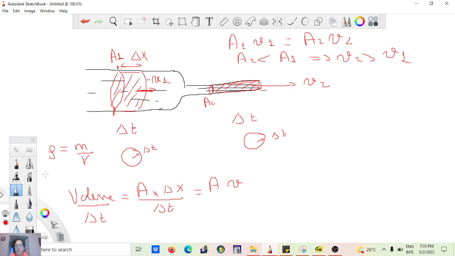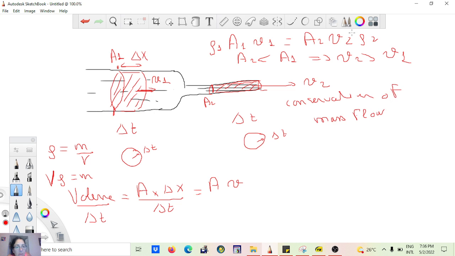So if I multiply the volume by rho, I have the mass. So I can multiply by rho here, rho 1 and rho 2. That means that the total mass here will be the same as the total mass there. So you have conservation of mass flow.